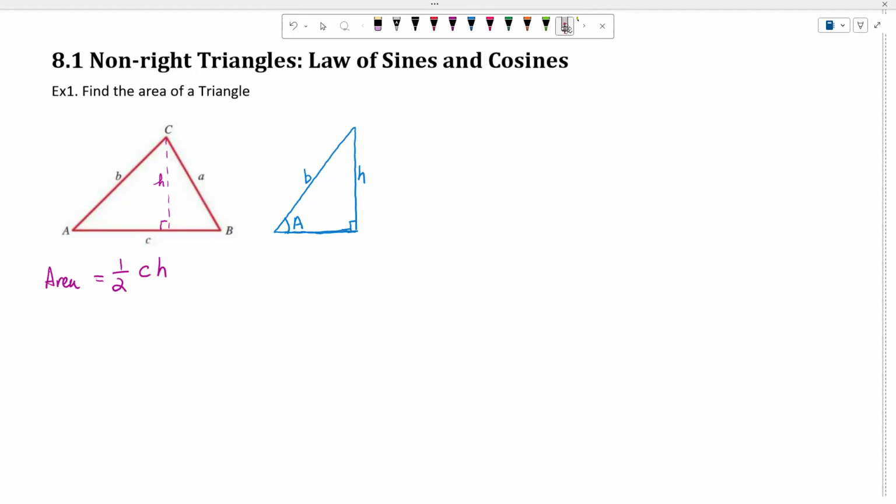It's not C, right? It's a distance shorter than C, but we don't know what it is.